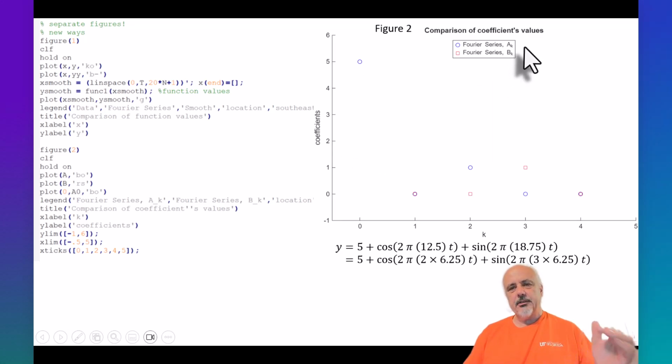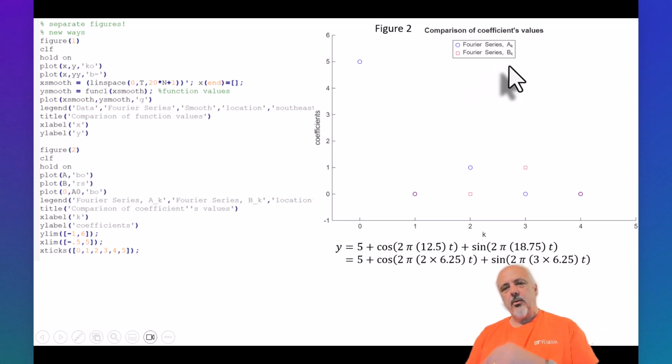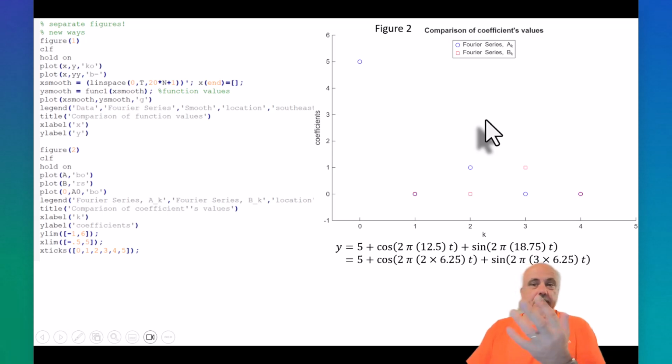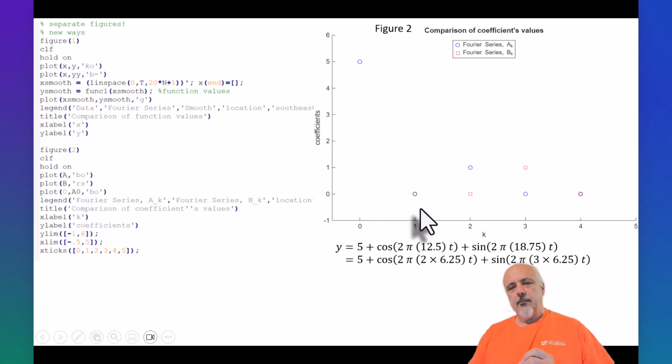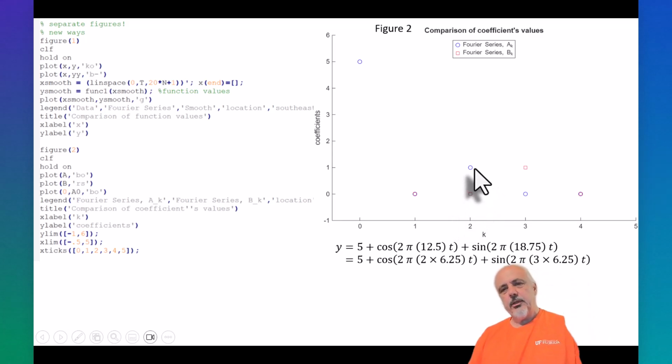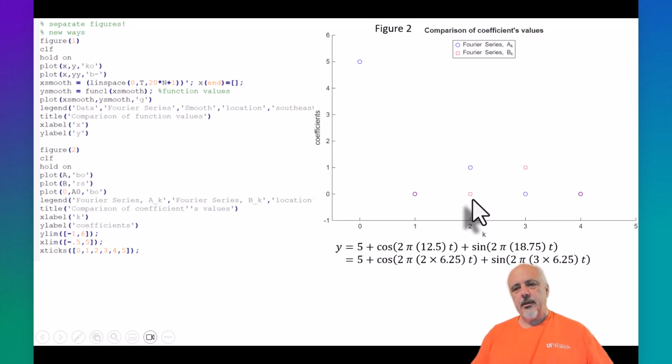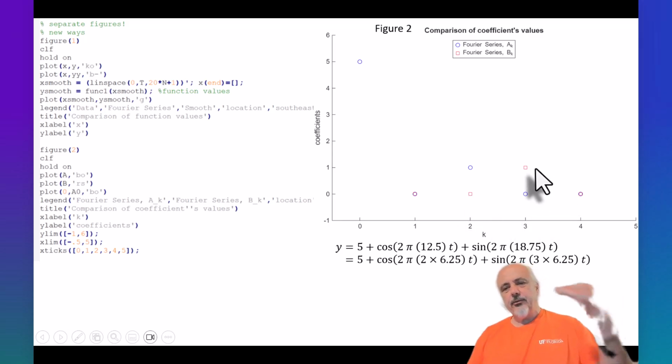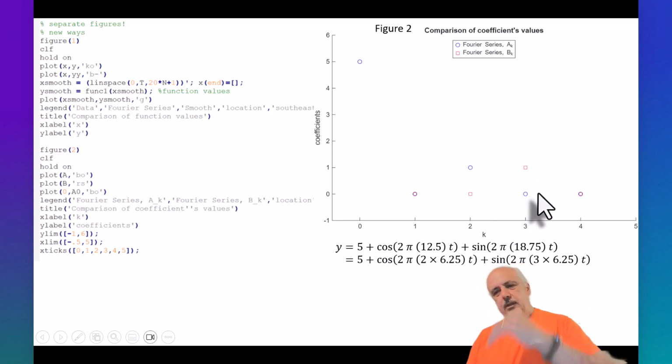And so you see the Fourier series are going to be green circles for A, and it's going to be red squares for B. So there's no B0, so you only have an A0, and then the A1 and the B1 are both 0. And then for 2, we have a cosine, so we have a real 1 for our A2. Our B2 is 0, so we have that. And then for 3, our B3 is 1, and our A3 is 0.